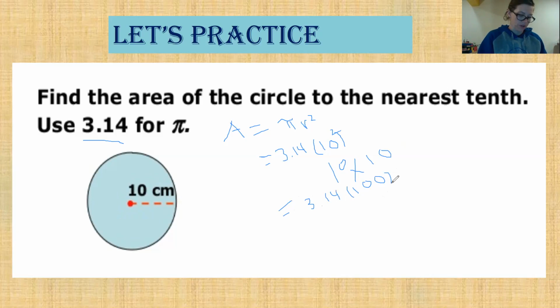I'm going to give you a minute to do that, and see what you get. And then we're going to check ourselves on the next page. So I got 314, so approximately, excuse me, I should use squiggly lines, 314 centimeters squared. So we're going to go ahead and check on the next screen to see if that's what you got.